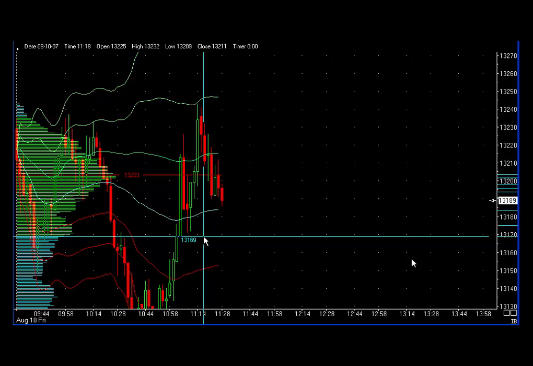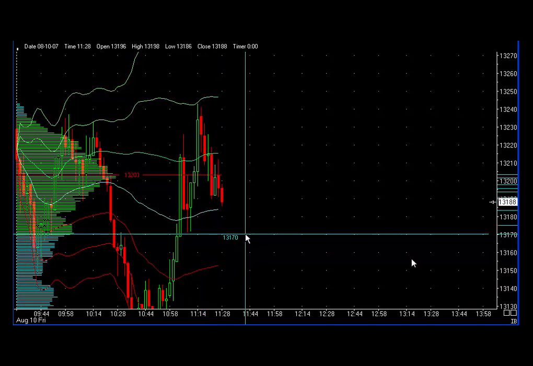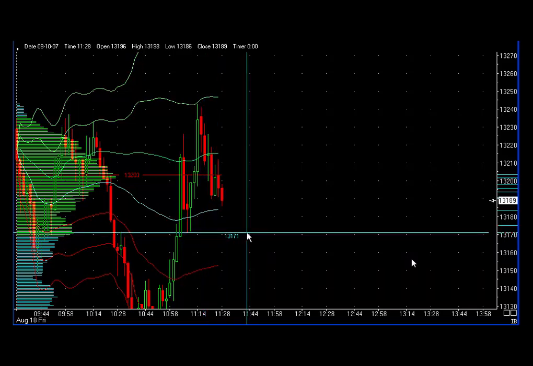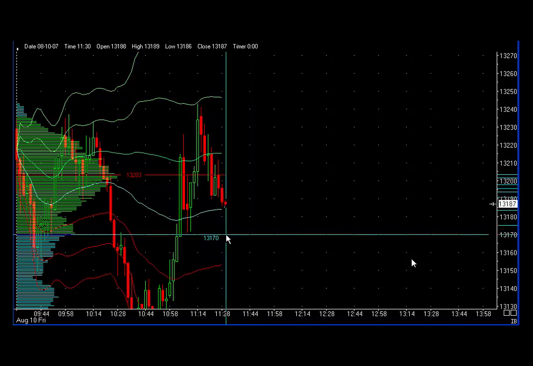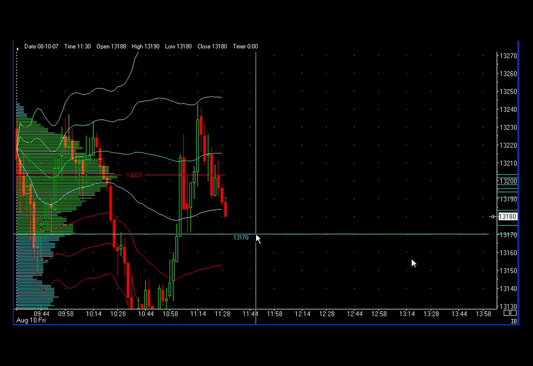Remember, the Shapiro effect says if a trade looks good now, it'll be good on the next bar or the bar after that. And I interpret that to mean that if the breakout occurs at the VWAP and there's a retrace, an up bar, wait for that up bar to be violated before you take the trade.